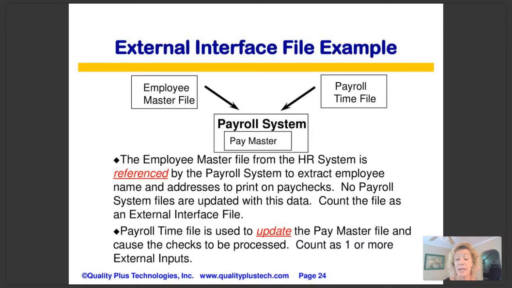So even though the paymaster file comes in one physical assembly, it really contains three separate EIs. We've got new, updated, and delete. Three separate processes. Think about it. If it were an online system, we would have an add, a change, and a delete process. So that would be three EIs.